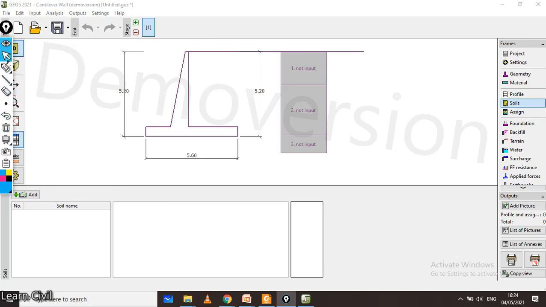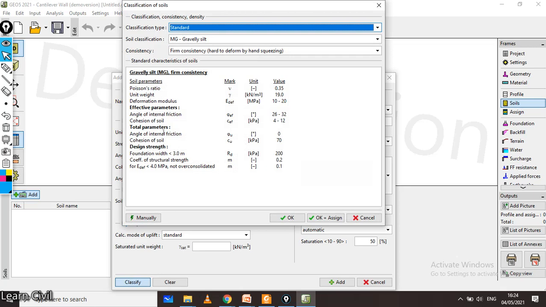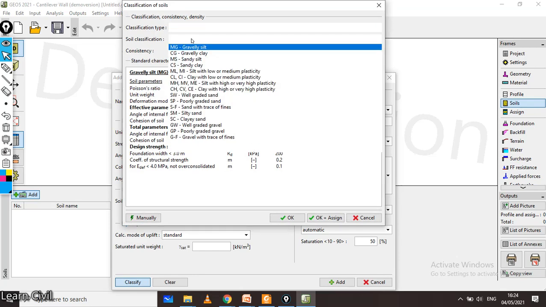You will get some dialog box like this. Click here on classify. You will have some option. Select the soil classification. Classification type will be standard. Here the first layer or top layer is sandy silt.